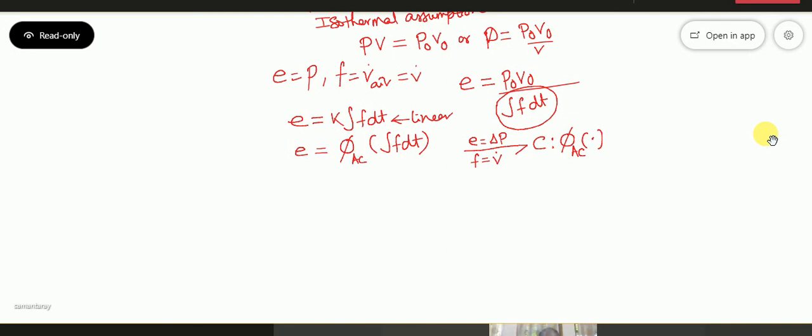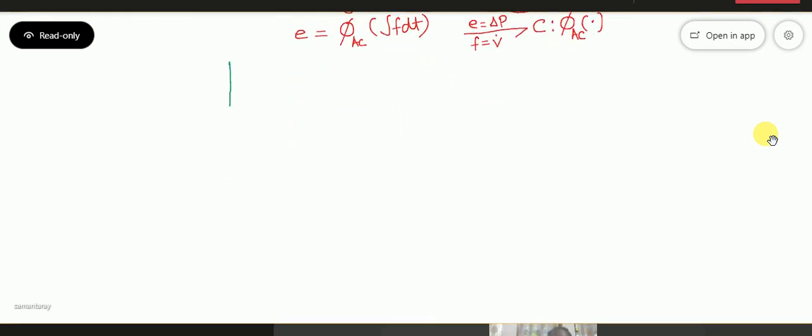Let's go for an open tank. Let's say we have a tank. There is water up to this level. Beside that, the volume flow rate in is V dot in, and the volume flow out is V dot out.